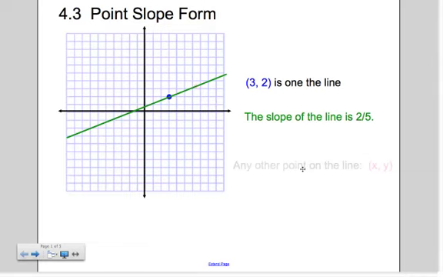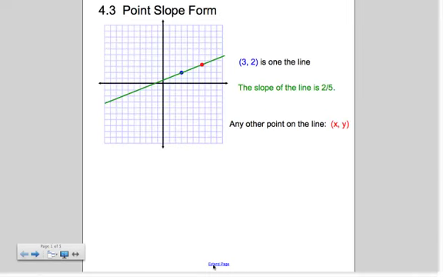So I'm just going to think of another point on the line, any other point on the line, and I'm going to call it (x, y). Okay, now let's think about what we know.